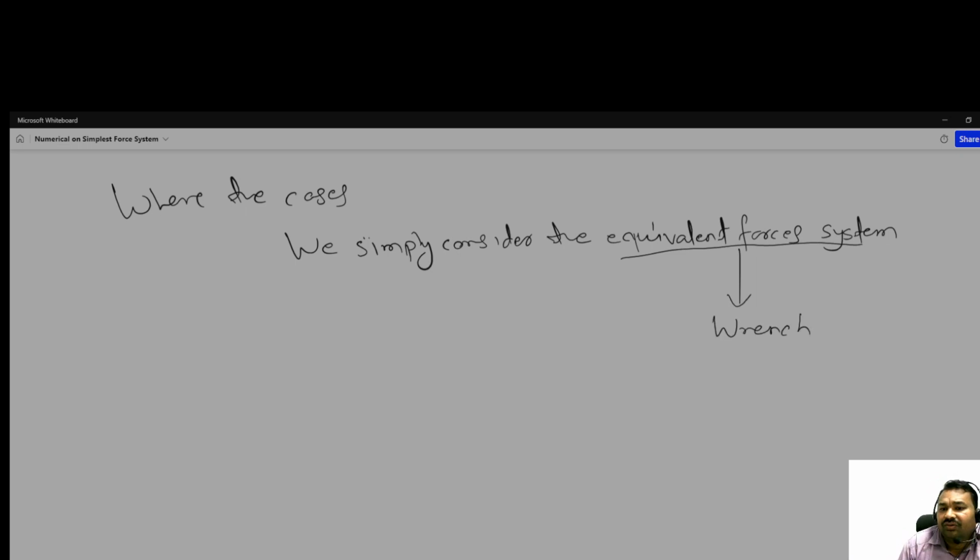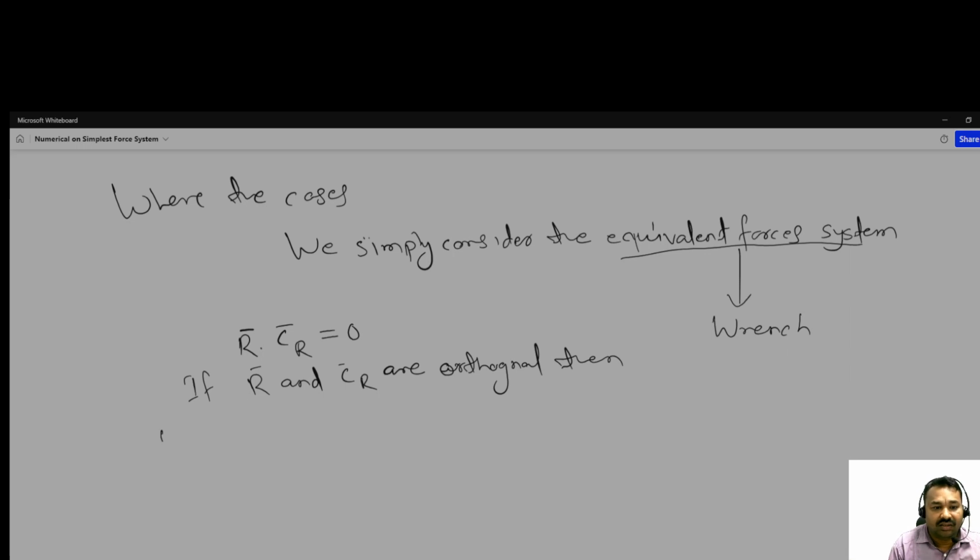Okay, so if the resultant and the couple both are orthogonal, so this is the case of orthogonal. Okay, so if both the resultant and the resultant couple CR are orthogonal.